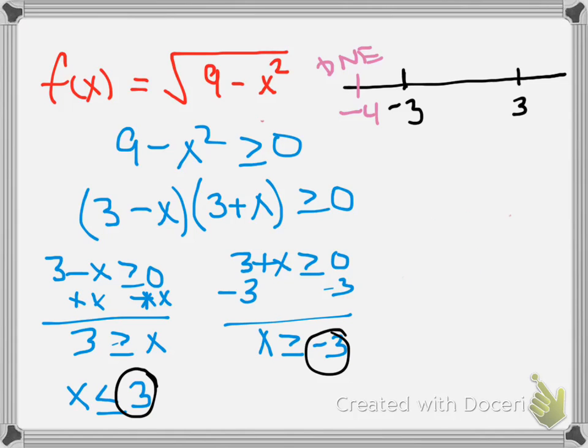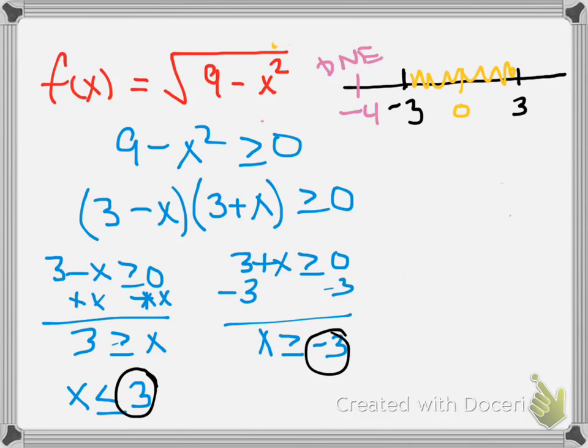So now I'm going to pick a point in the middle. Say 0. 0 is a nice easy one. When I plug 0 in for x, I get the square root of 9 minus 0 squared. And I get square root of 9, and we can find the square root of 9. So this area right here is okay.